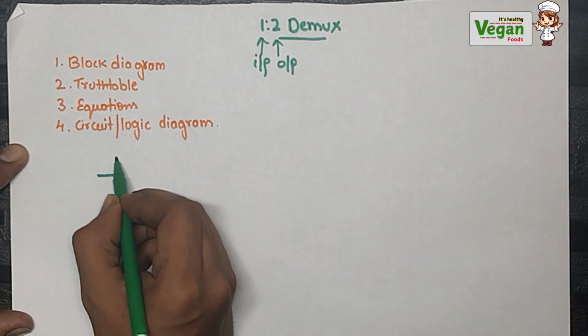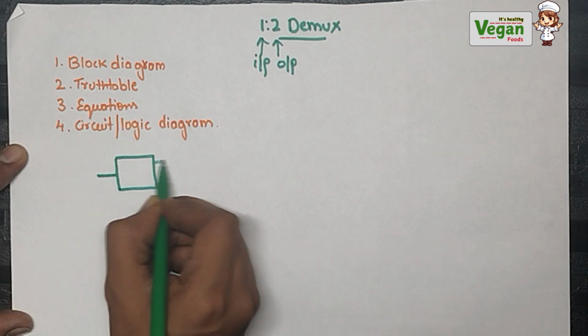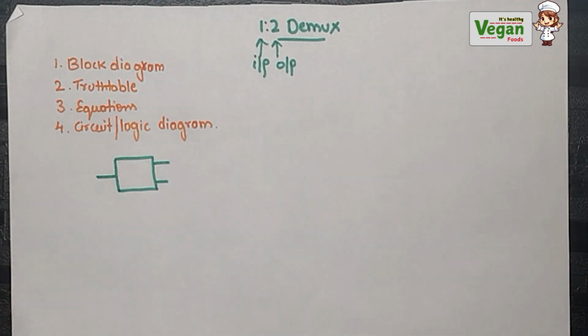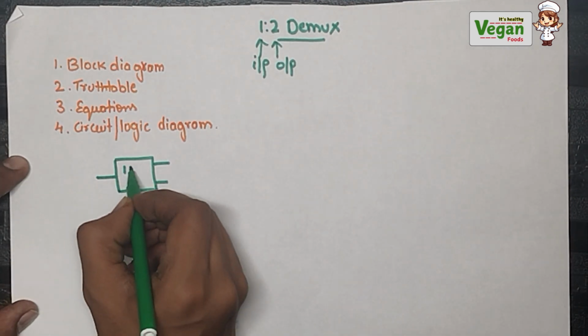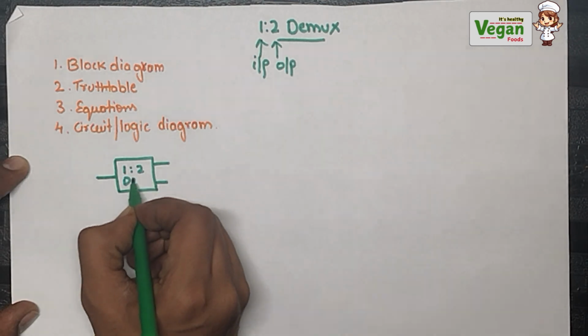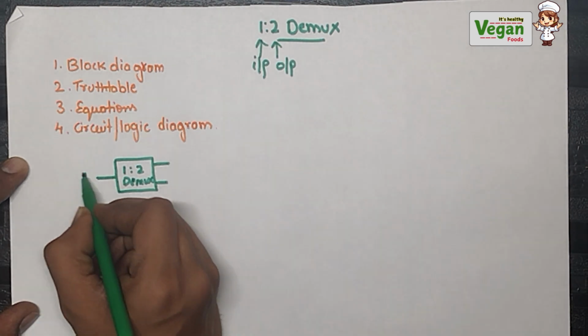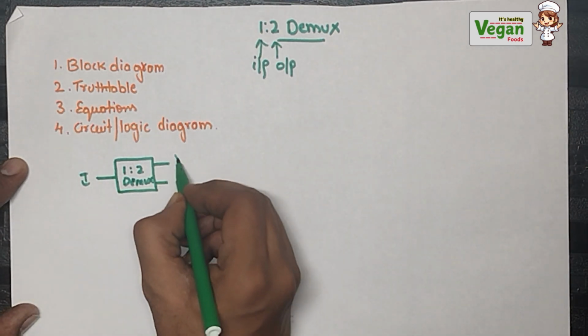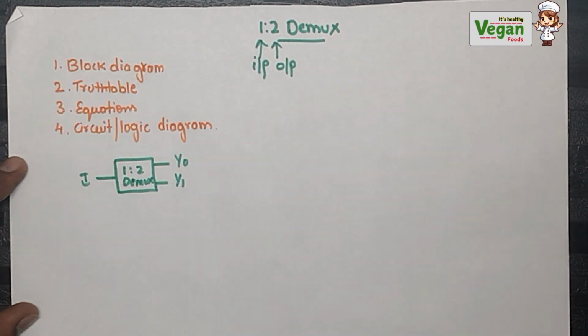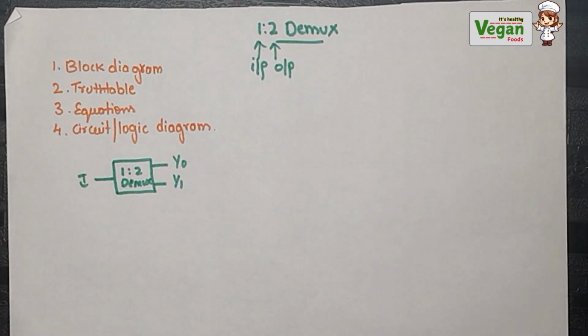In the block diagram we will just represent the inputs and outputs. So this is the 1:2 DEMUX. Next, I will call my input I and my outputs y0 and y1.